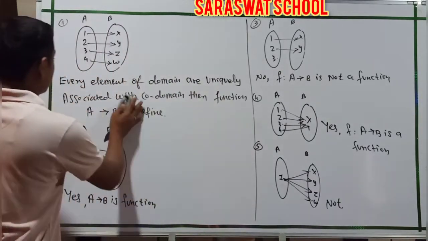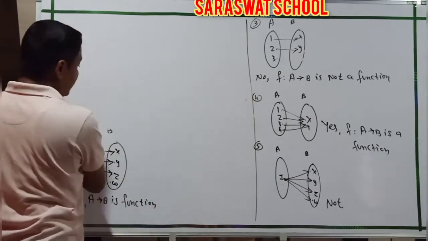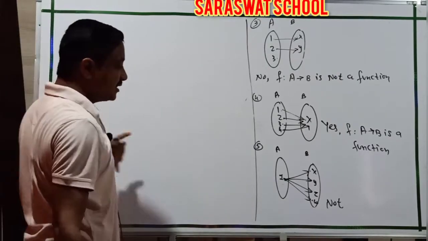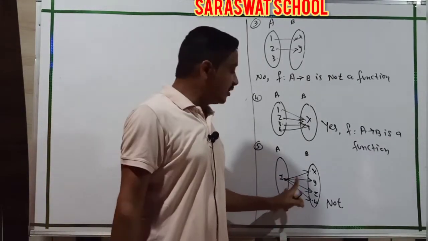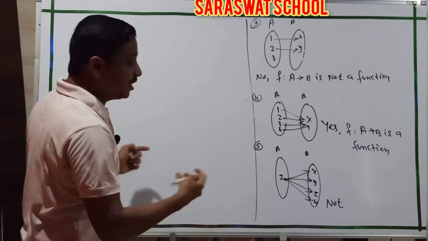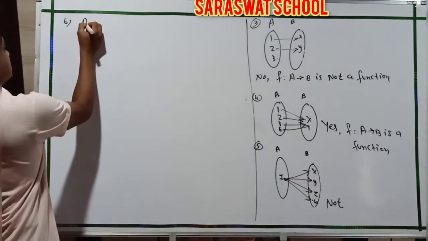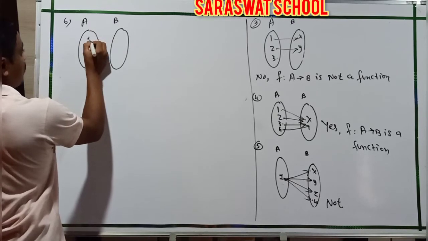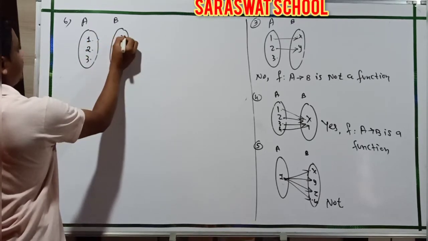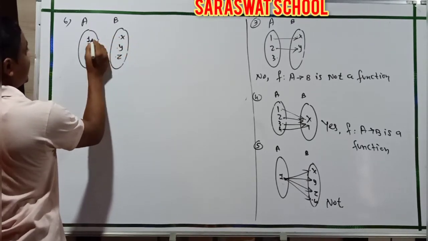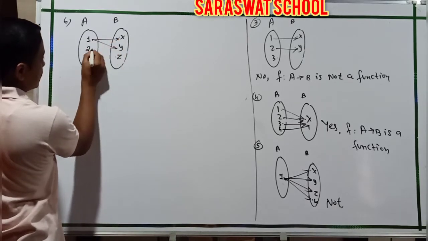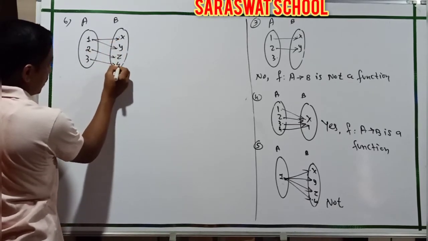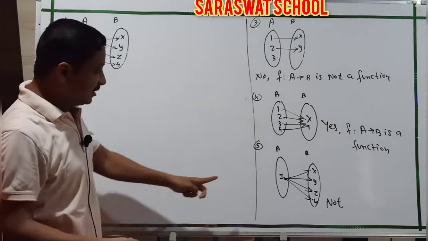One more drawing. It means students, a single number is associated with other numbers. So I will go to the 6th figure. Here just like 1, 2, 3. In here X, Y, Z. Here I make 2 arrows. This 2 to Z and 3 to 4. Is it uniquely associated?